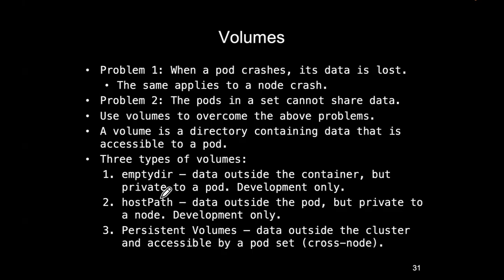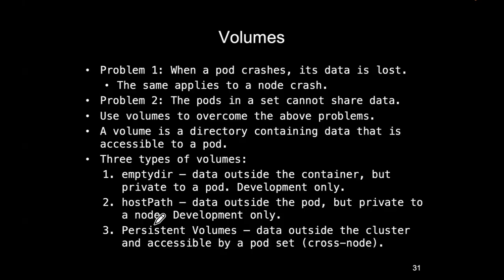That's slightly more useful than empty dir, I guess, but where it falls down is if the node actually crashes, then you have lost any data in this host path volume. Certainly the best of the three is this thing called a persistent volume.